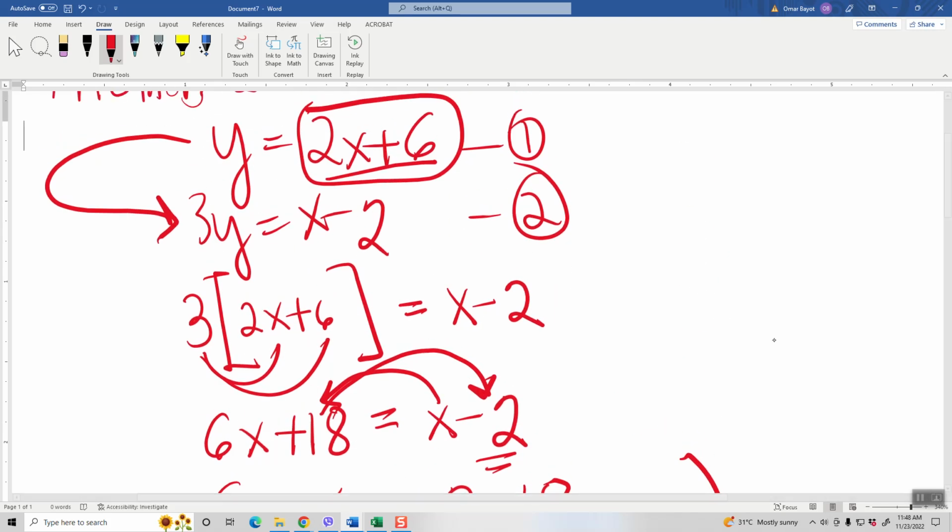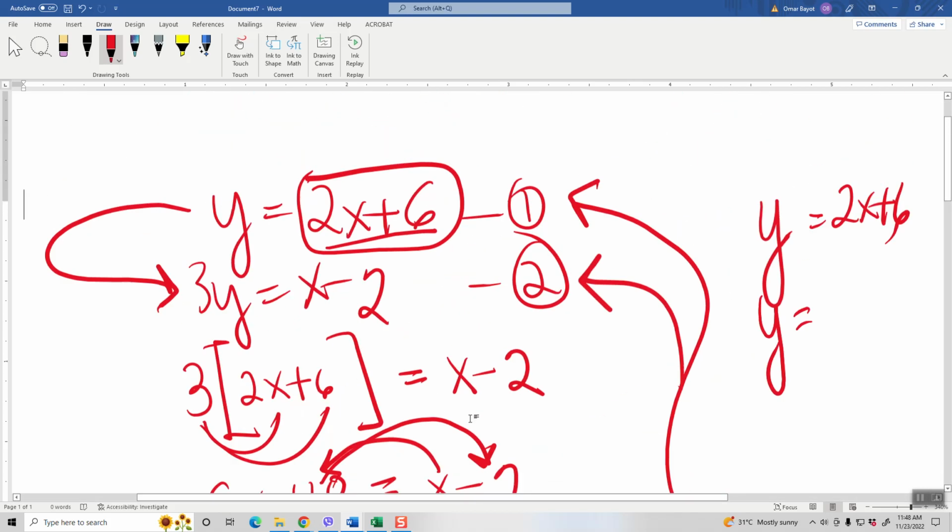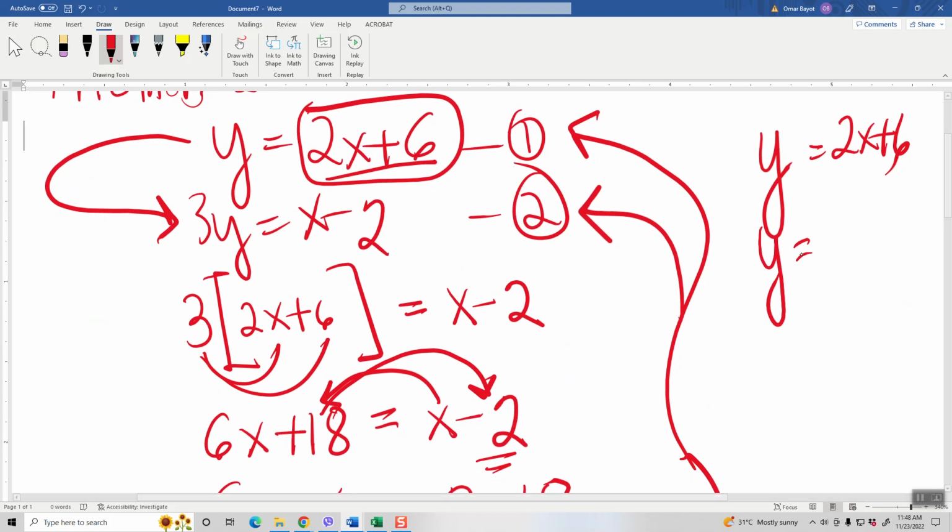Substitute mo doon sa taas itong value na yan, i-substitute mo any of the equation. Pwede rito, pwede rin dito, at makukuha mo yung y. Let's see. 2x plus 6, gaya ng ginawa natin kanina. Ano yung value ng x? Negative 4. 2 times negative 4 plus 6.